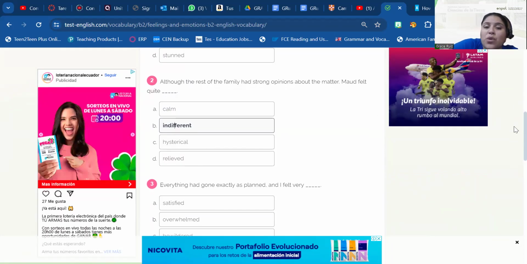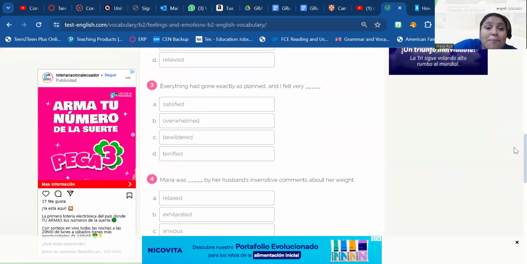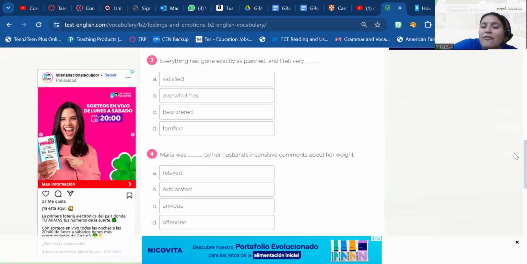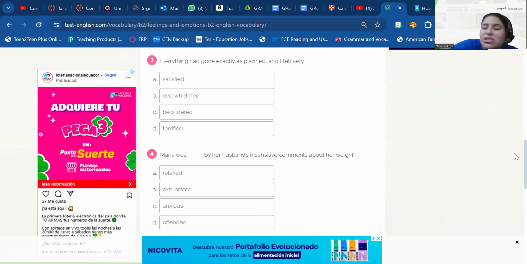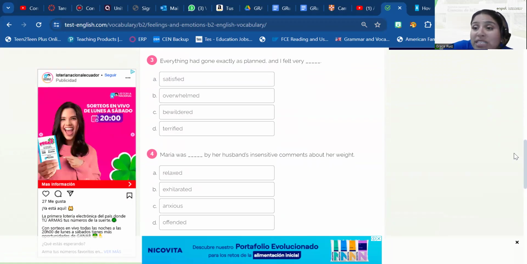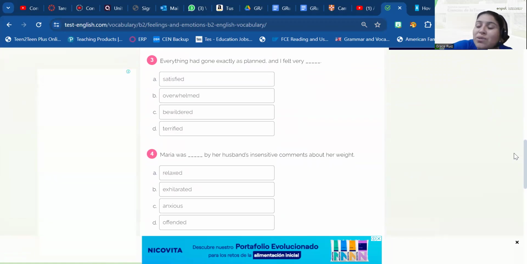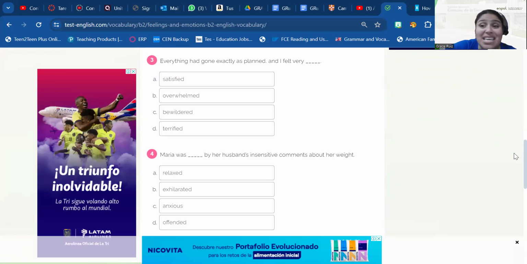Okay, guys, when we don't know the meaning of a word, and that's going to happen, we definitely need to focus on our knowledge about the words that we do know. So focus on the ones that you do know and see if by process of elimination we can take out the ones that could never be because it doesn't make sense, right?